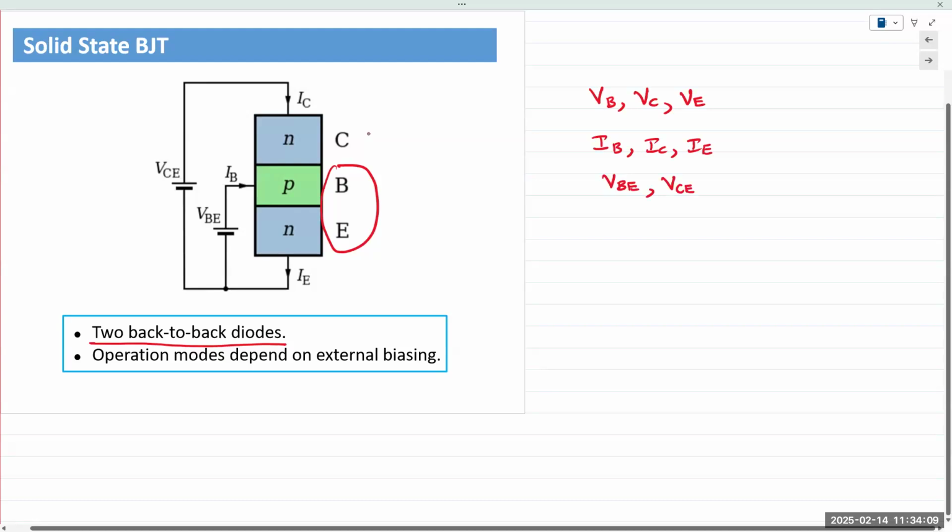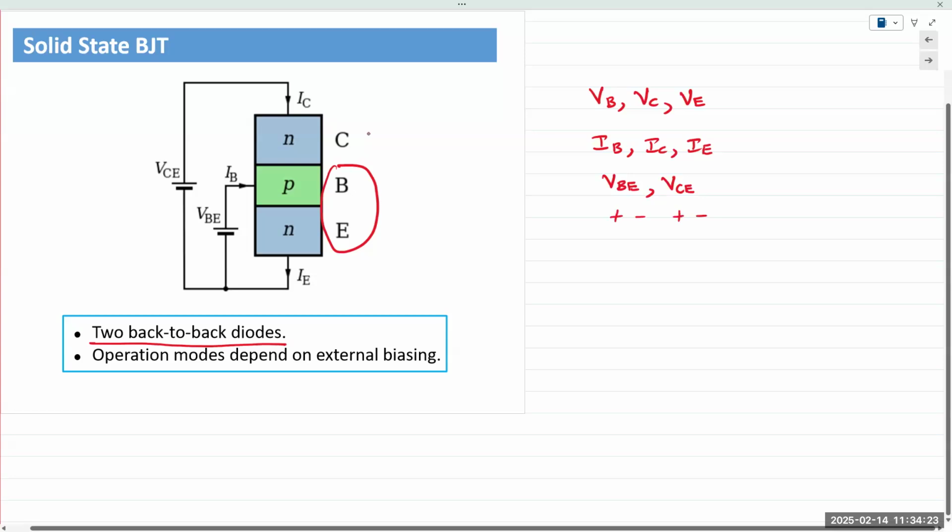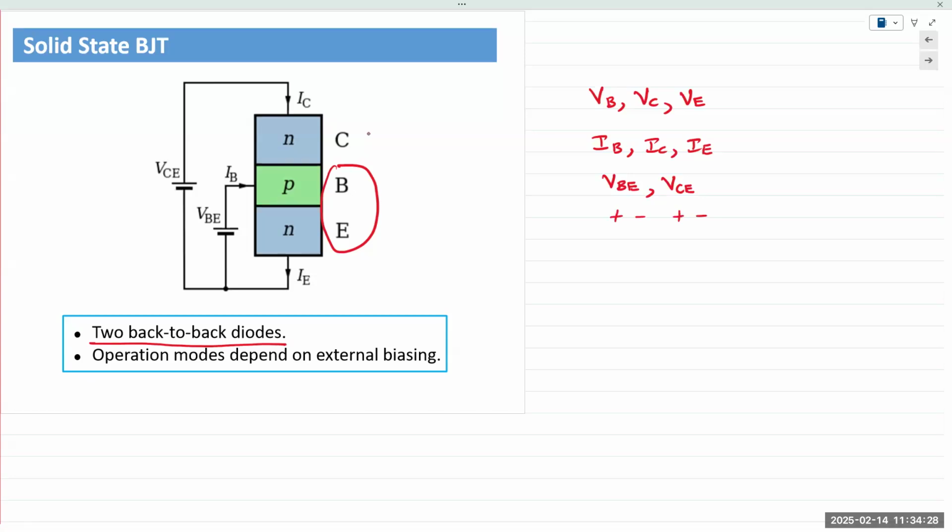VBE would mean the voltage measured at the base with the reference at the emitter, and VCE would be the voltage measured at the collector with reference to the emitter. Measurement would be plus here, minus here, plus here, minus here. Whether it's an NPN transistor or a PNP transistor, we always still refer to it as VBE and VCE. That would not change.